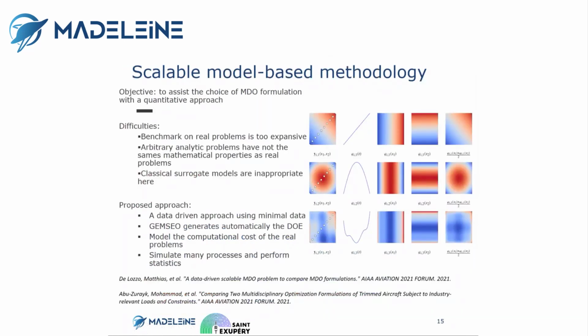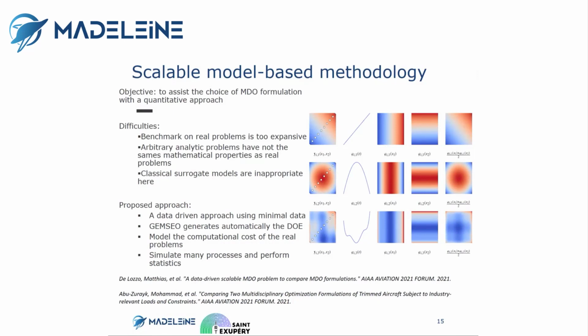So now I will give more details on the scalable methodology. As I explained, the objective is to be able to benchmark MDO formulations. As you have seen, it's a specialty of GEMSEO to provide many different variants of formulation, but then it raises the question of which one is the most appropriate for a given MDO problem.